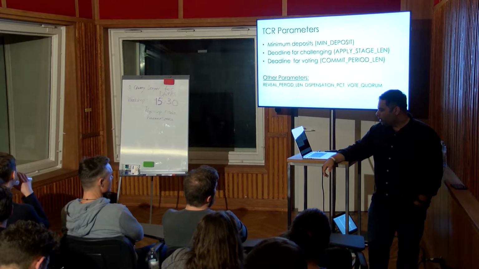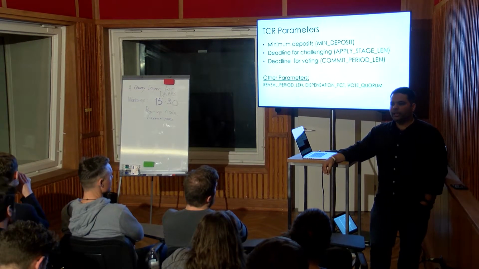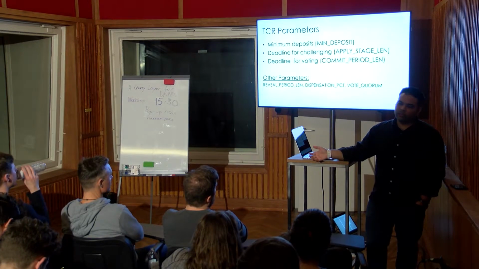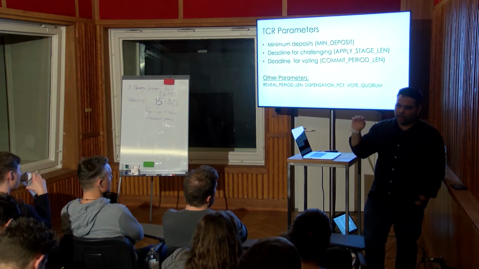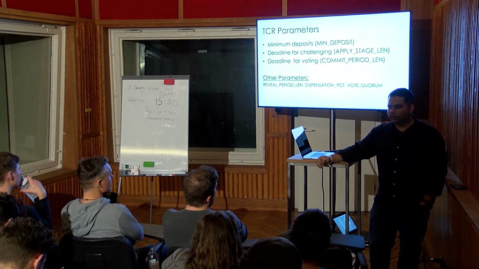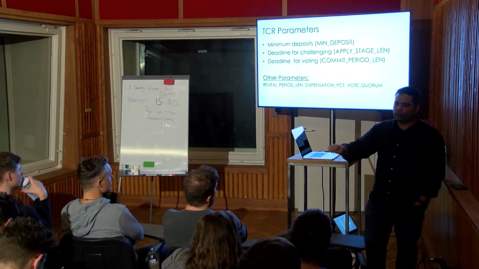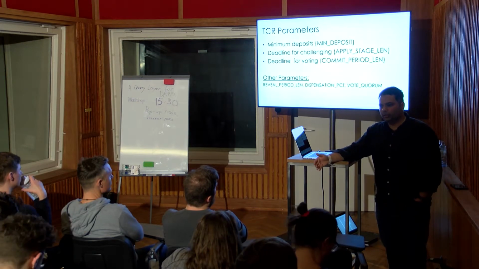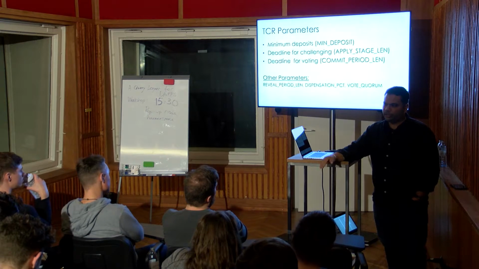We have dispensation percentage, which is how much of the rewards should go to the winners. Once everything has been staked in from application, from challenge, from votings, how much of that should be going towards the winners. And finally, we have the vote quorum, on what should be the percentage of votes counted for a passed vote. So it can be 50%.